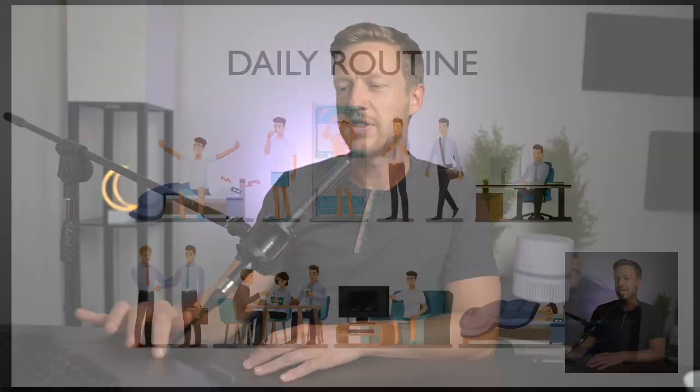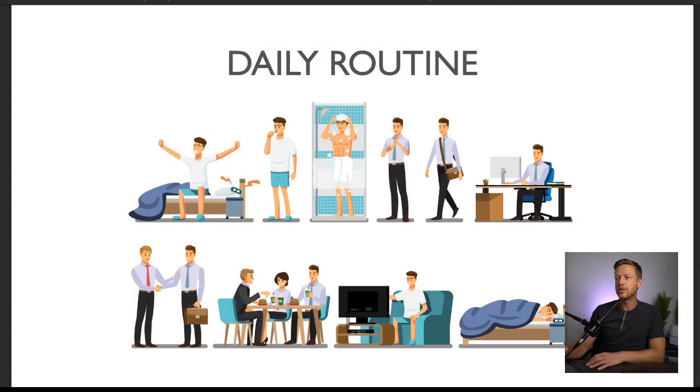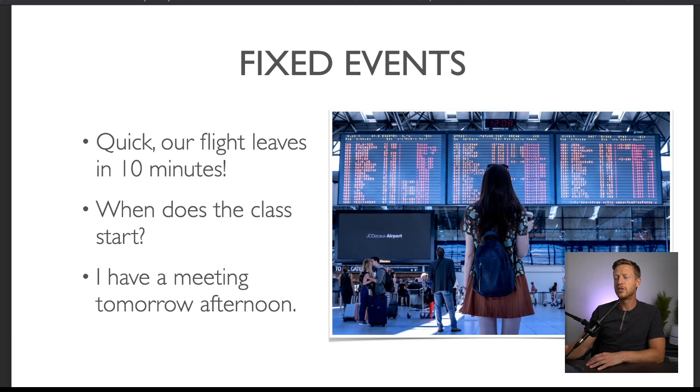Thank you. So let's go back to talking about the present simple. So far we have used it to talk about our daily routine. We can also use it to talk about fixed events in the future. Okay. This might seem strange to you that we use the present simple to talk about the future, but we do.